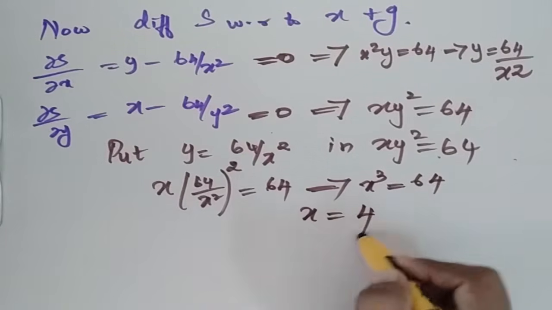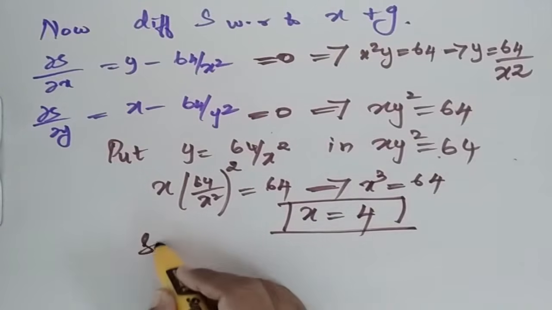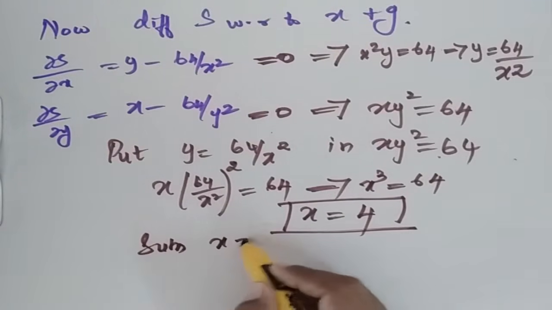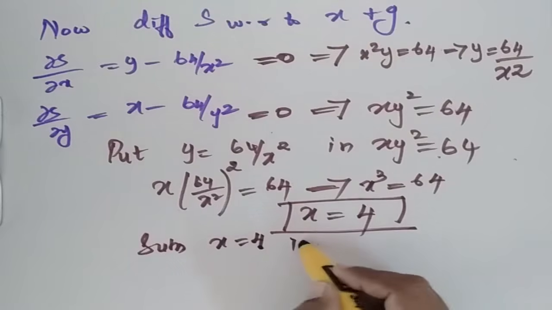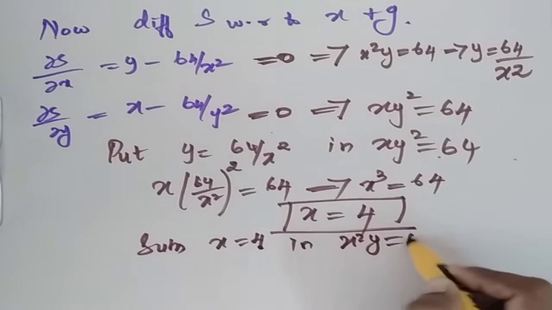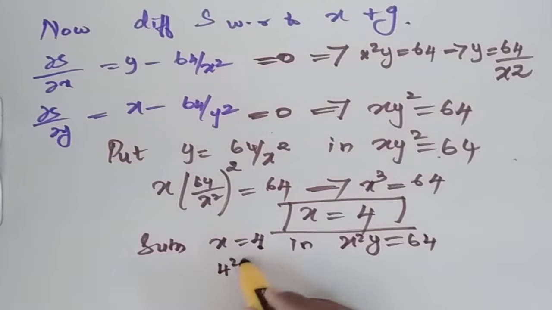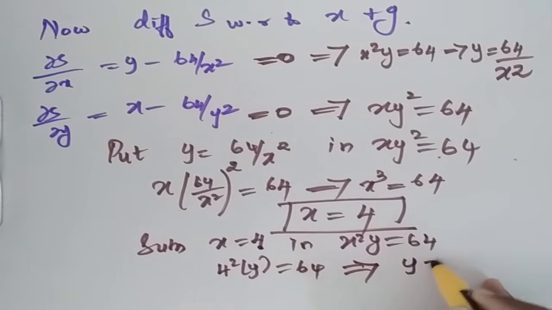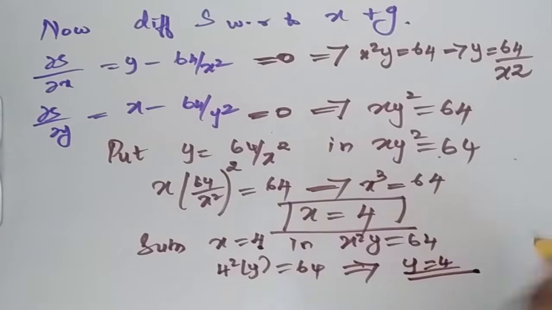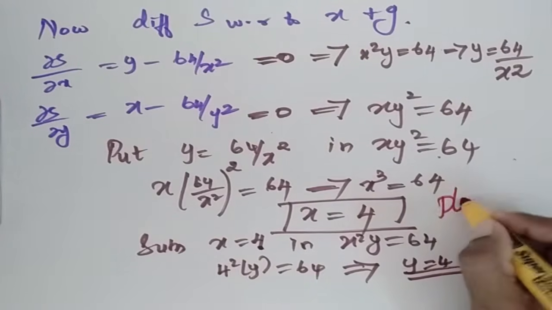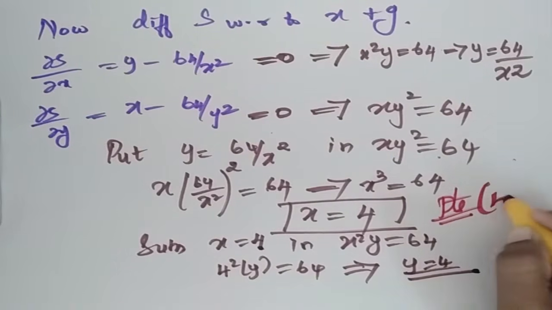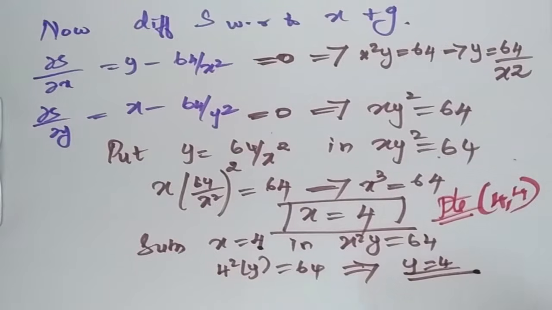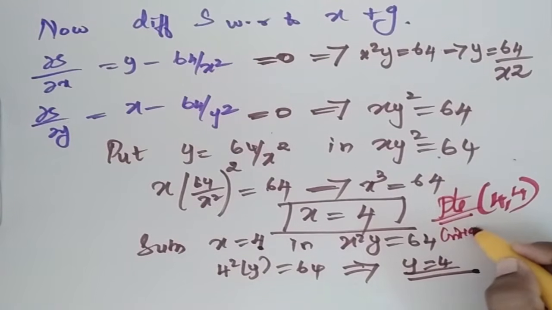So X is equal to 4. Substitute X is equal to 4 in X square Y is equal to 64. So 4 square into Y is equal to 64, implies Y is equal to 4. Therefore, the point which we get is 4, 4. Critical points.